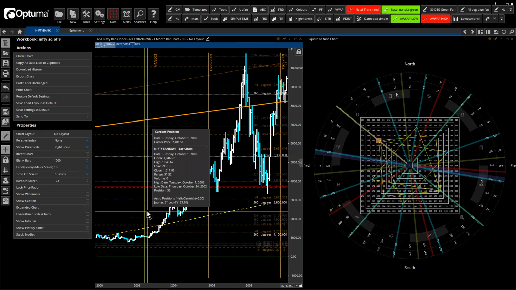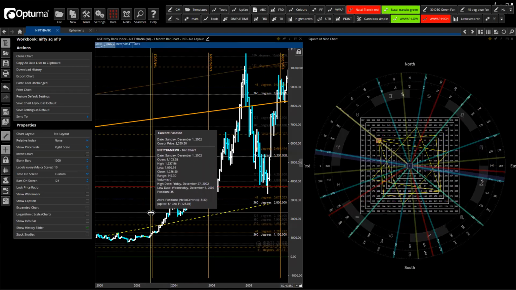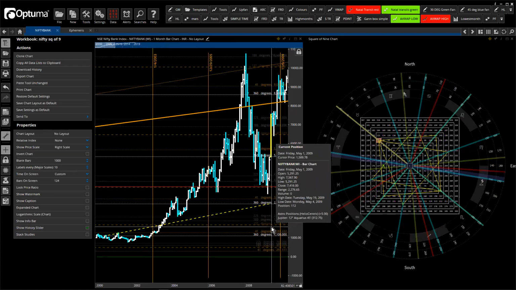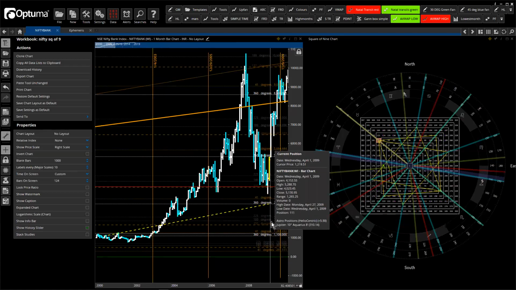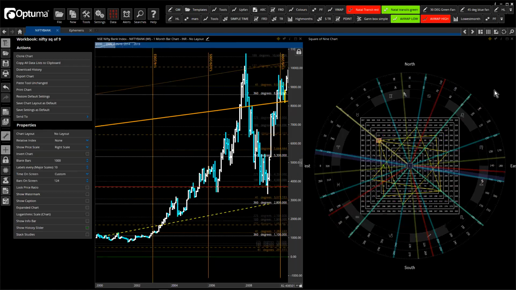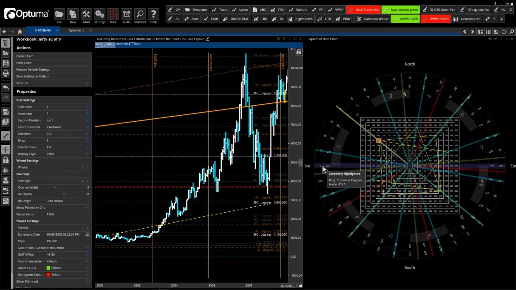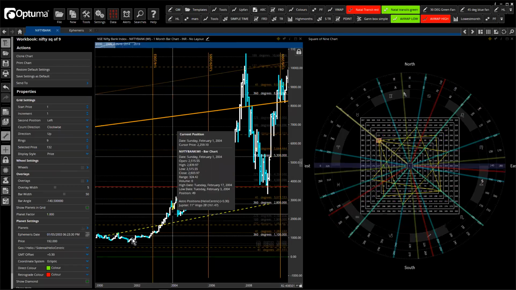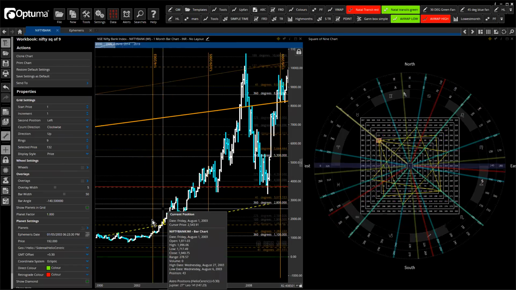What am I doing here? This is a date within this harmonic of 360 degrees on this outer wheel. This heliocentric Saturn is right here. Okay, so we've got this date.